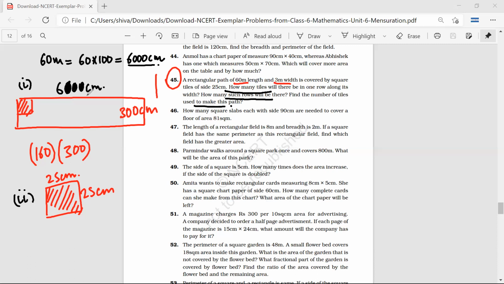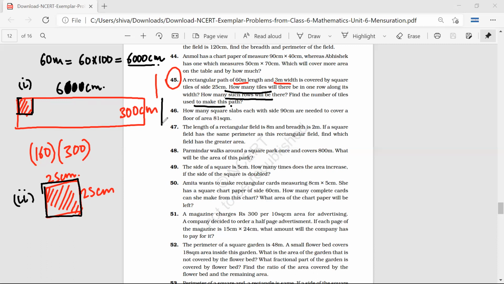Now this needs to be covered by square tiles of side 25 centimeter. So this is a square tile and this is 25 centimeter each. So let us calculate how many tiles will be there in one row along the width.